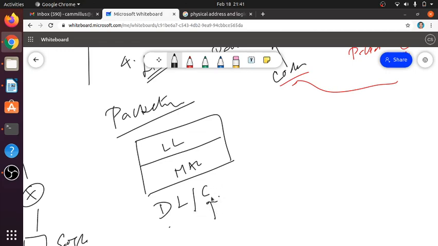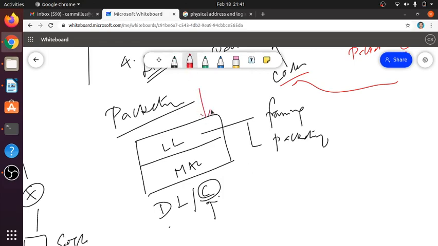The responsibility of this layer is framing, or else we can call it packetization. What is happening is that this logical link layer gets the packets from the upper layer and subdivides the packet into equivalent pieces.